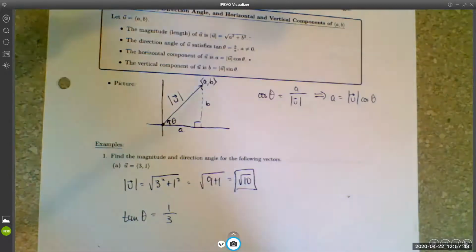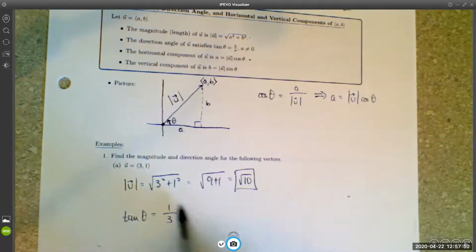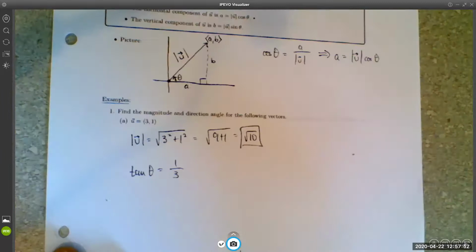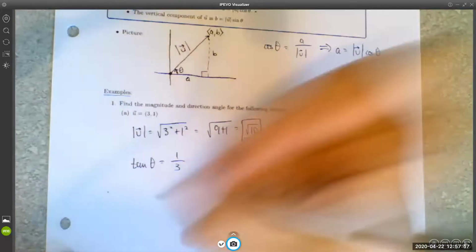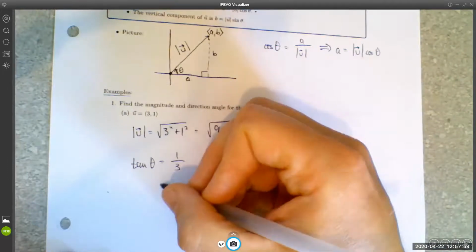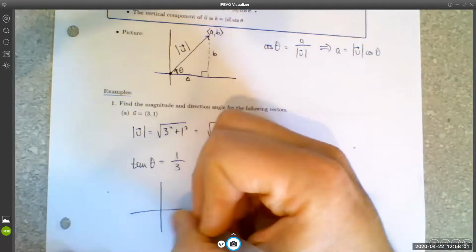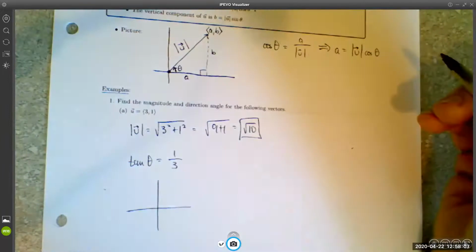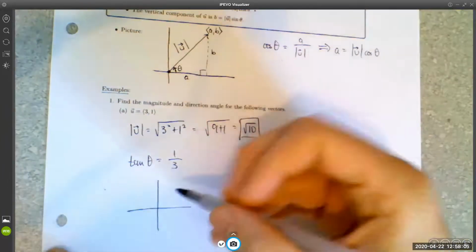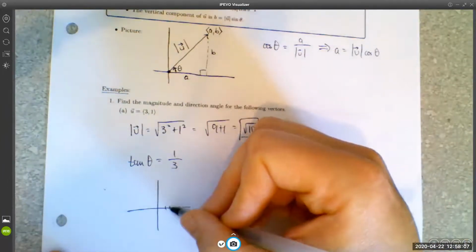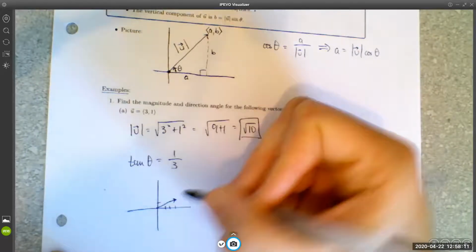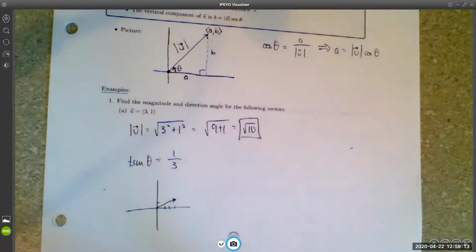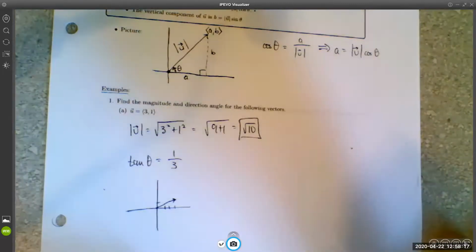So theta does satisfy this equation, but then you have to make sure, first of all, that theta is positive, and second of all, that you're in the right quadrant. In this case, 3, 1. So the moral of the story is that it's useful to draw a picture. And in this case, 3, 1, that's that vector right there. So obviously we're in quadrant 1. So in this case, taking tangent inverse is perfectly fine, right?